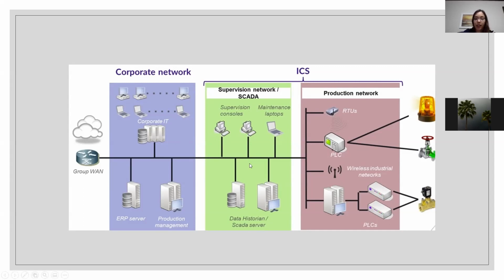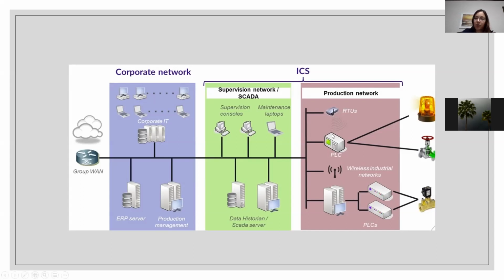And then the data historian is just storing that data, which it gets back from the RTUs and the PLC, in a database. Maintenance laptops, so if something needs to be maintained, some engineer can bring their laptop in, plug it in, and maybe send commands to the PLC for a firmware update or something like that.